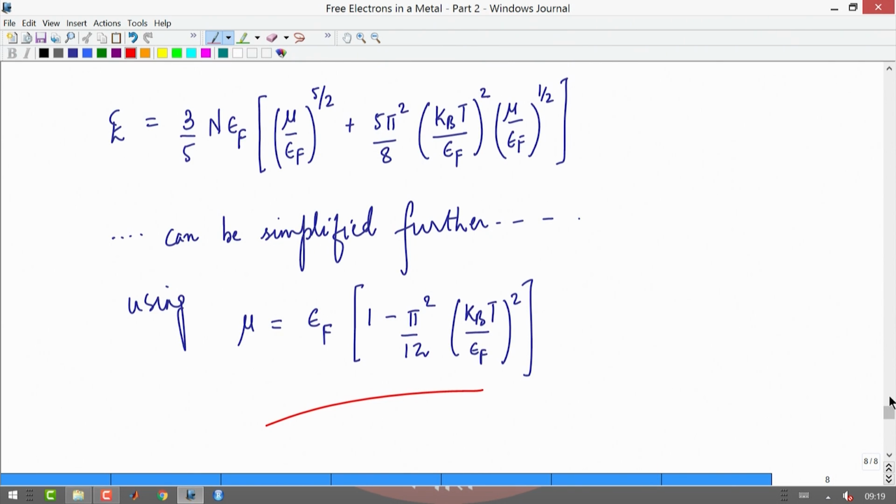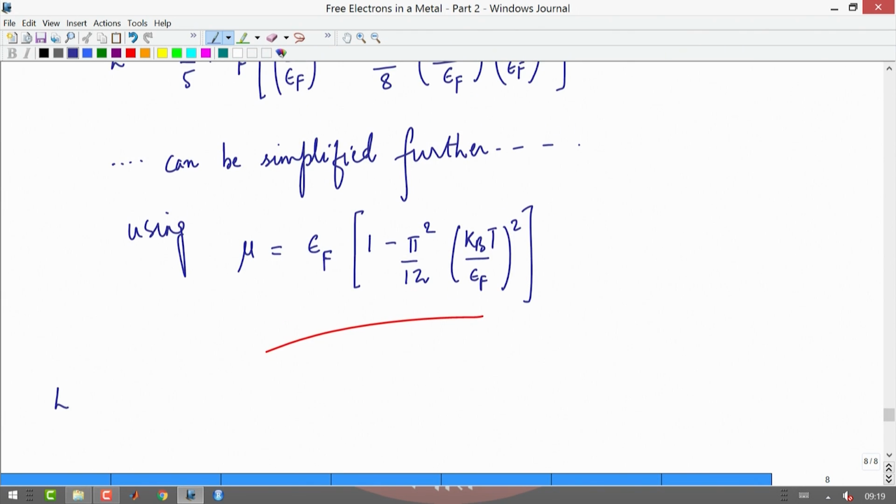So, you can see that I can write mu over EF as 1 minus pi square by 12 into kT upon EF raised to 2. Okay. So, I can write down my energy as E equals to 3 by 5 into n times the Fermi energy.